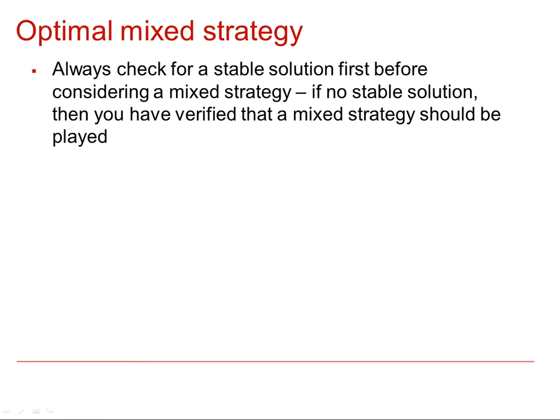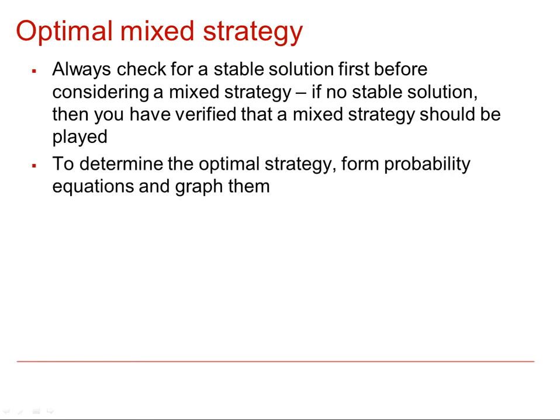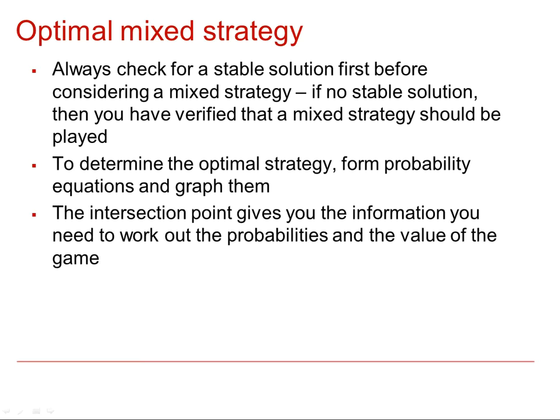So in summary, we should always first of all start off by checking whether there's a stable solution. But assuming there isn't, then we can determine the optimum strategy from probability equations and then graphing them. If we've got a 2-by-2 situation, then the intersection point tells us that we can use that to work out the probability and therefore the value of the game.